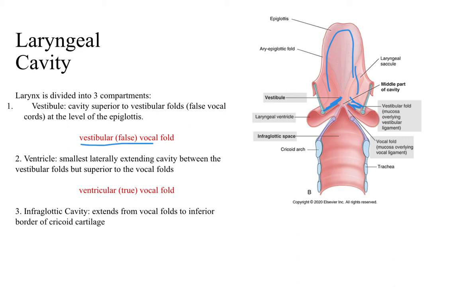The second compartment is the ventricle. You see the ventricle on either side, and those are folds that are between the vestibular ligaments and vocal ligaments.